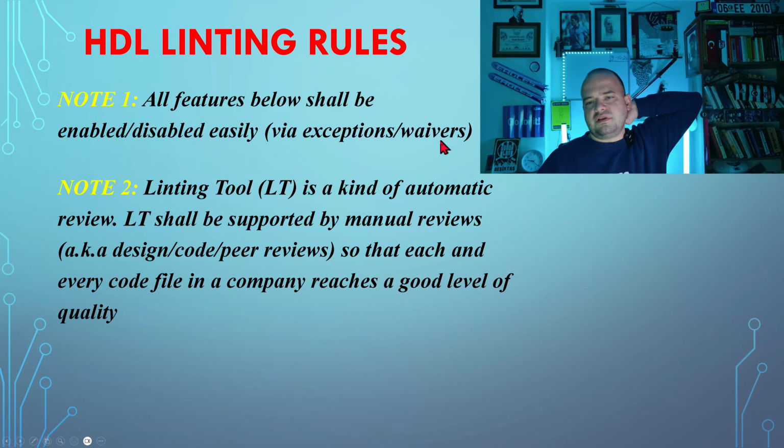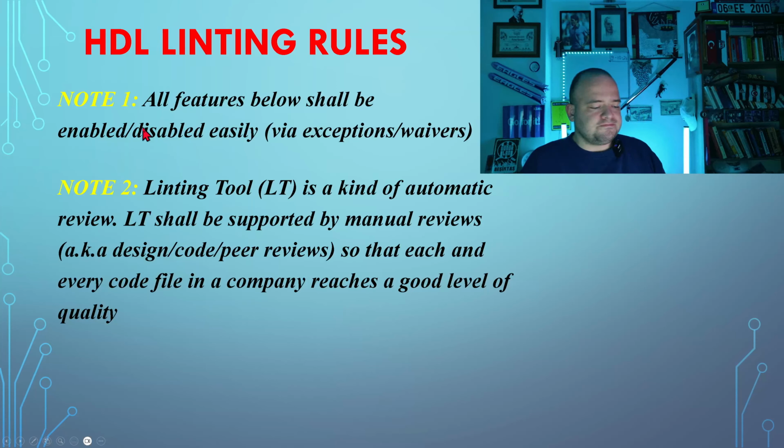It is called either exceptions or waivers. Don't think that linting rules are just the fundamental examples I gave. There are actually hundreds of them, maybe 200 depending on the rule set you are using.